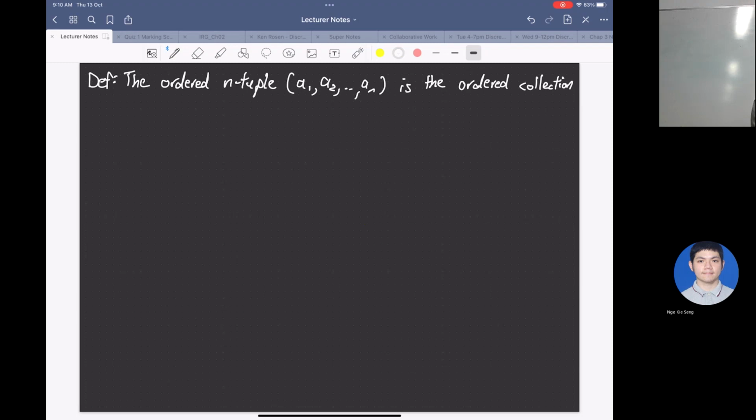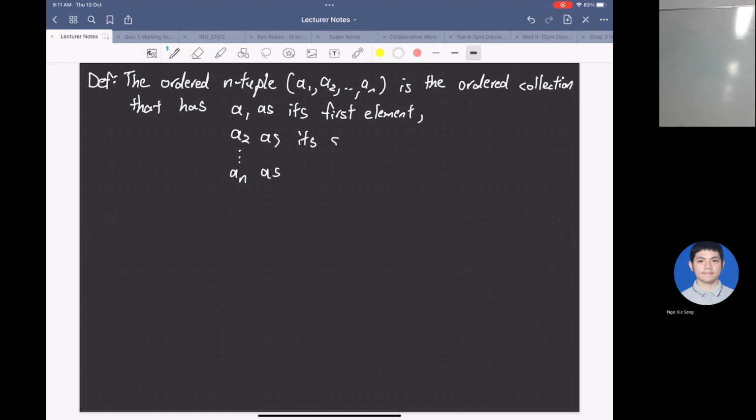If you switch the order, they might represent a different element: (A1, ..., An).